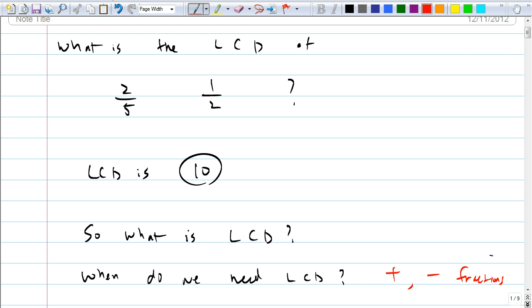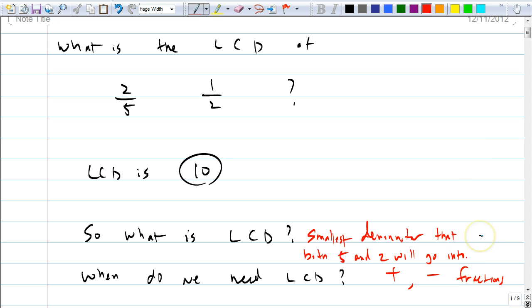And so what is LCD? It's the smallest denominator, okay, smallest denominator that both 5 and 2 will go into.